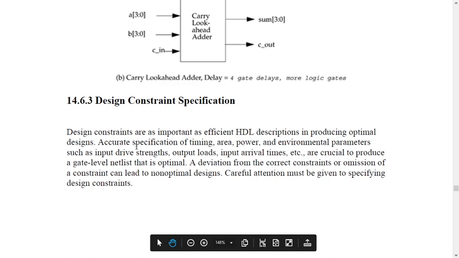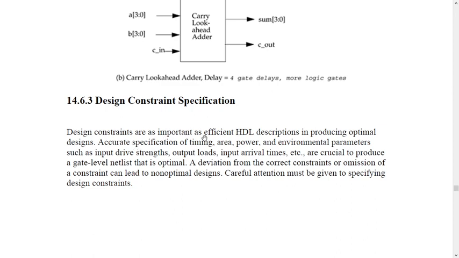The design constraints are as important as an efficient HDL description in producing an optimal design. Accurate specifications of timing, area, power, and environmental parameters such as input drive strengths, output loads, input arrival timing, etc. are very crucial to produce a gate level netlist that is optimal.